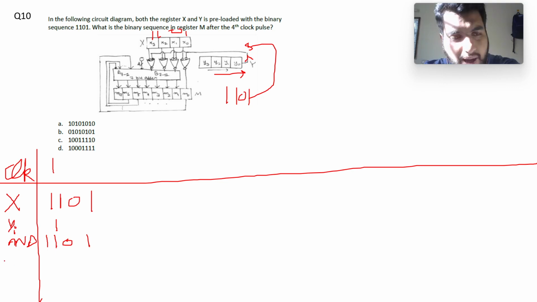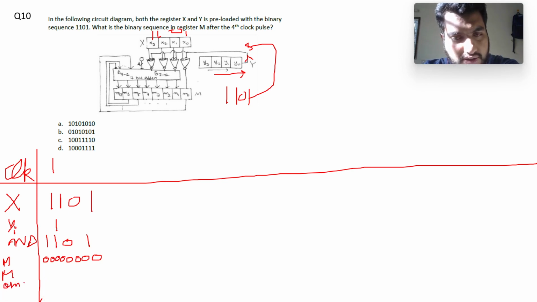Then we have the M output from the last clock. So here it was initialized with 0 0 0. Here I will have the M that is input to the adder, and here I will have the other input to the adder.